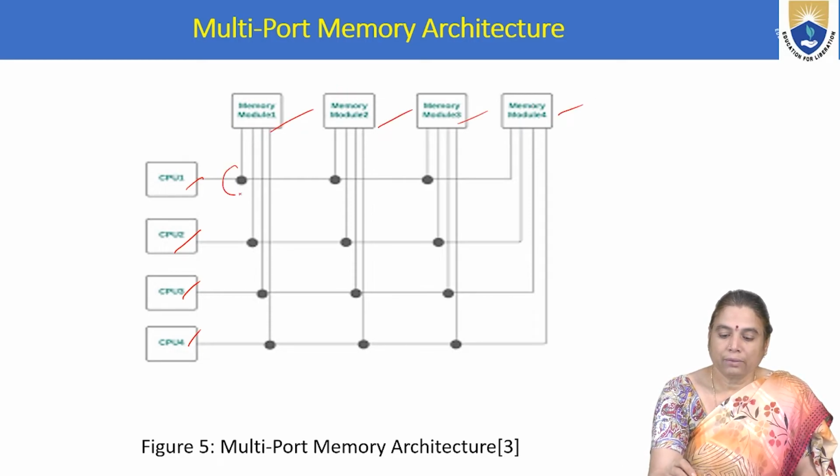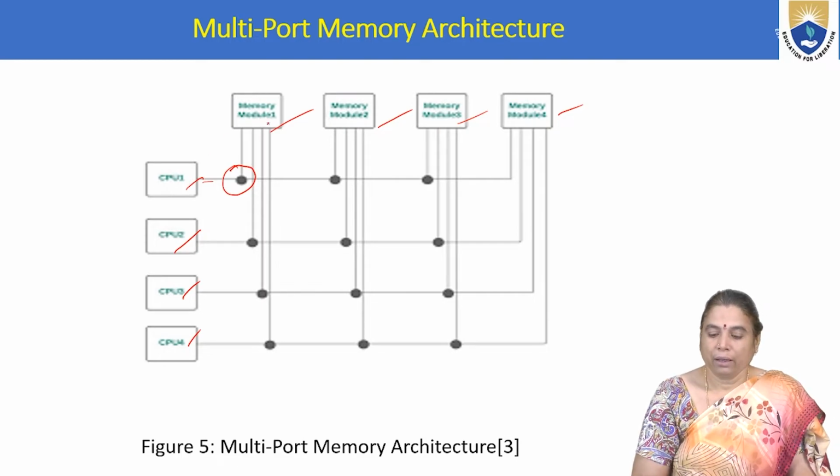Here this is the interconnection structure. Via this communication path, CPU 1 can communicate with memory module 1. Which module is selected, the module arbitration, depends upon the fixed priority that is assigned to the CPU.